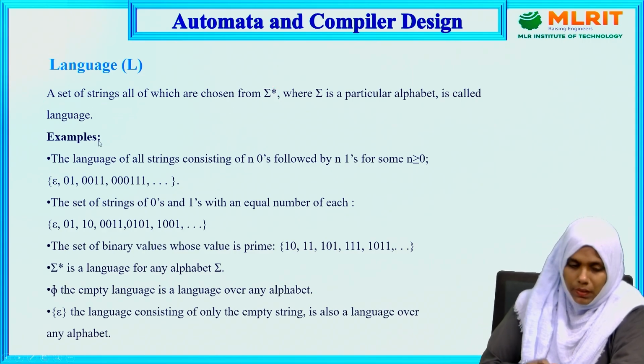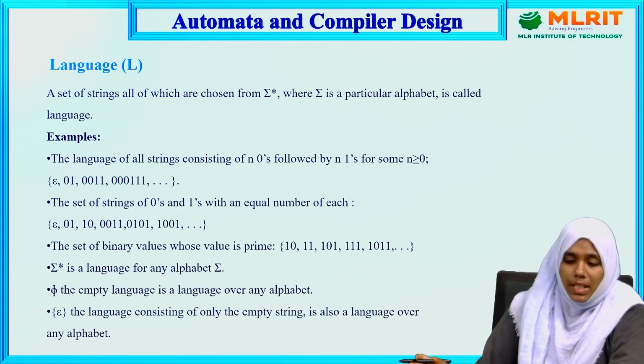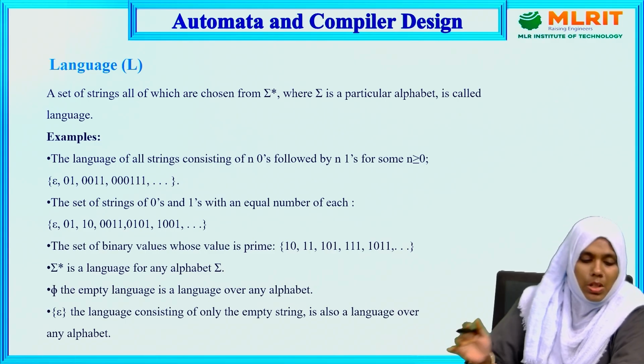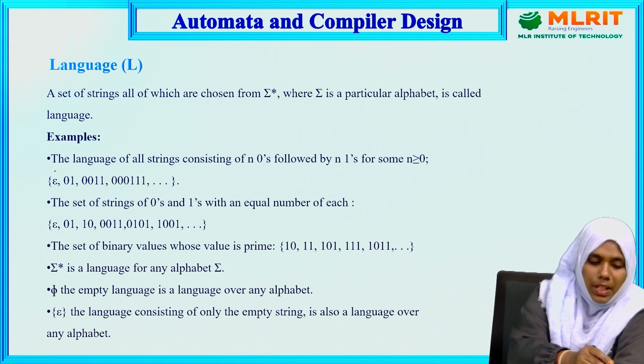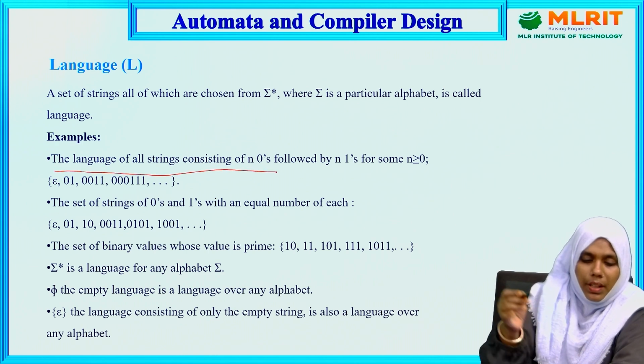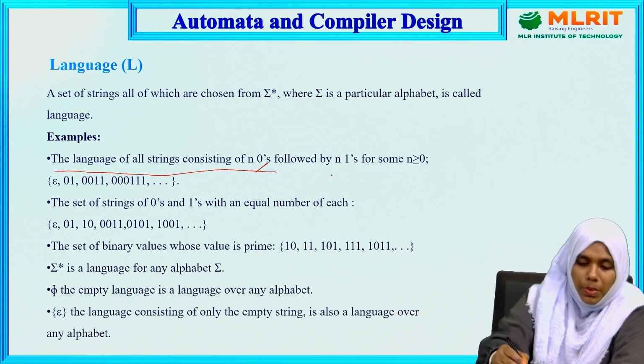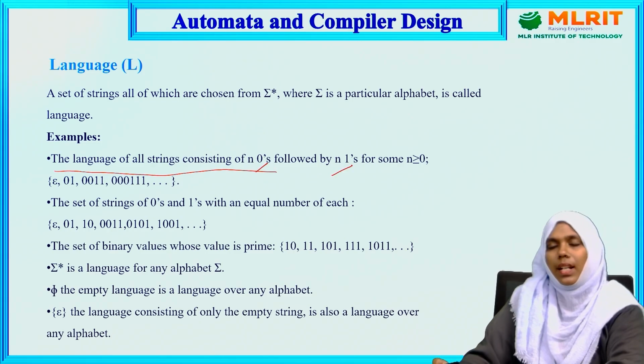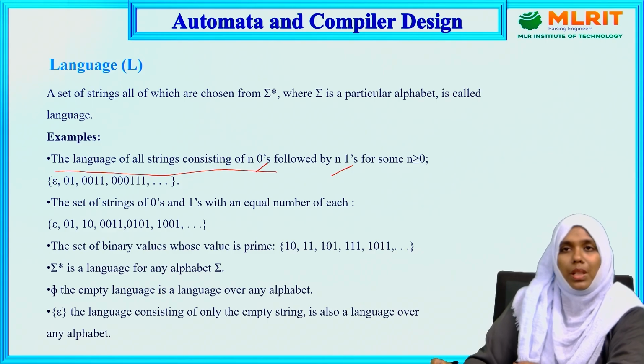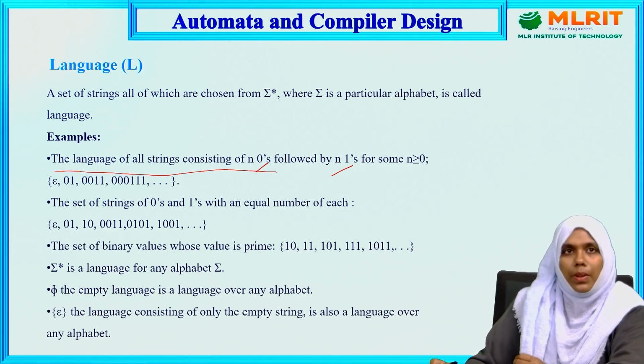We'll see some examples of how languages can be seen. For example, the language of all strings consisting of n zeros followed by n ones. We don't know exactly how many zeros and how many ones there are. So the question says n zeros followed by n ones.